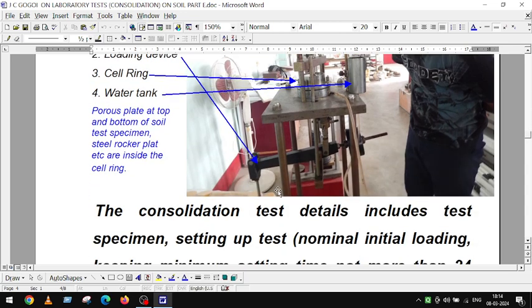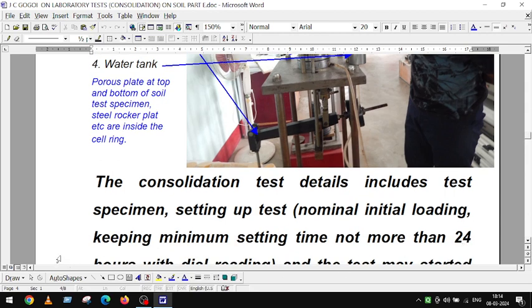The consolidation test details include test specimen setting up, nominal initial loading, keeping setting time not more than 24 hours. It was said that the initial settle time should not be more than 24 hours, but there was no mention of the minimum, so definitely it will be 24 hours with a nominal pressure.